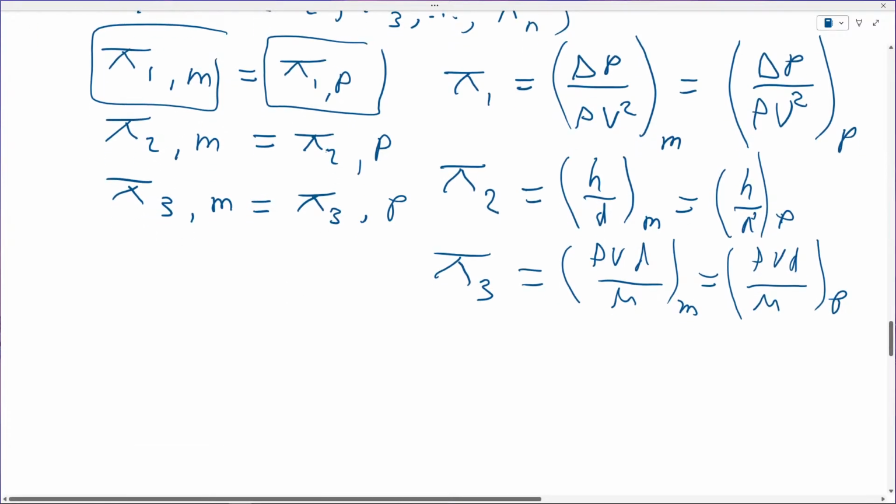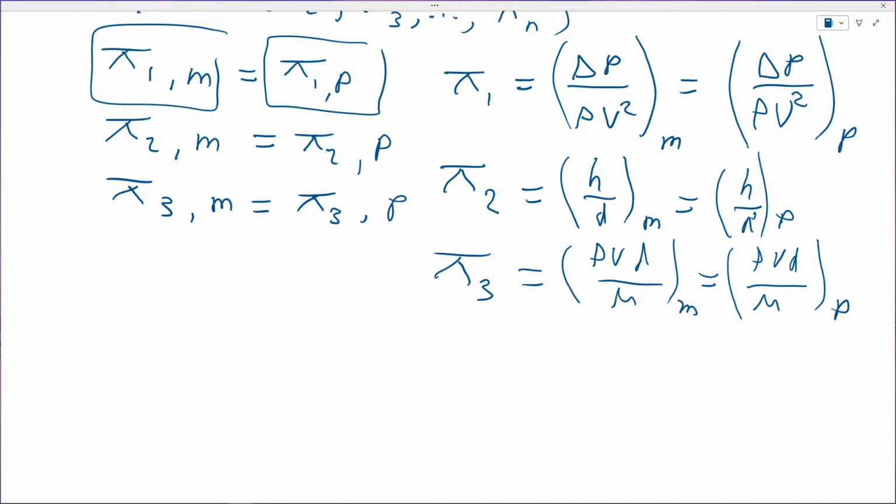And what can we learn from this? Basically, we can just arrange the terms. We can find the ratio between the velocity in the model and the velocity in the prototype.